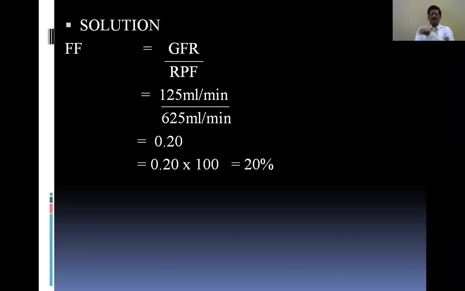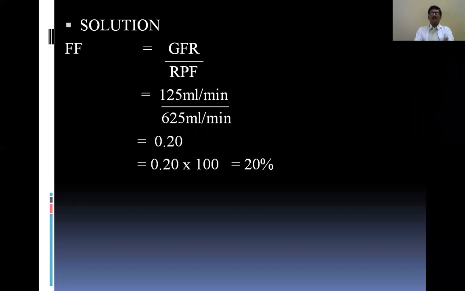By using these formulas, osmolar clearance and free water clearance, we can assess whether we are adding more water to the system or excreting more water in urine. In other words, the dilution and concentration efficiency of the kidney can also be studied using the same clearance methods, for which we use osmolar clearance and free water clearance.